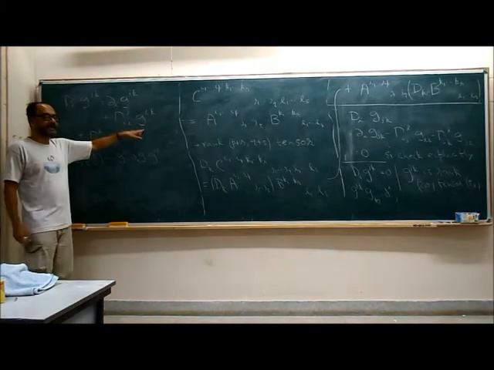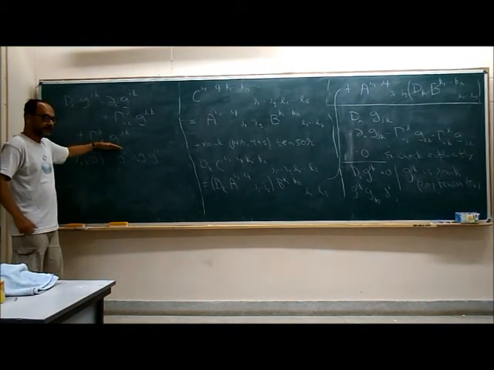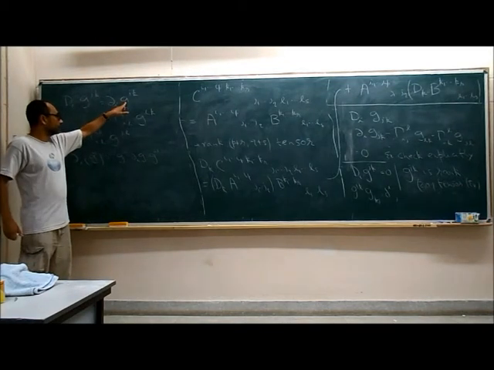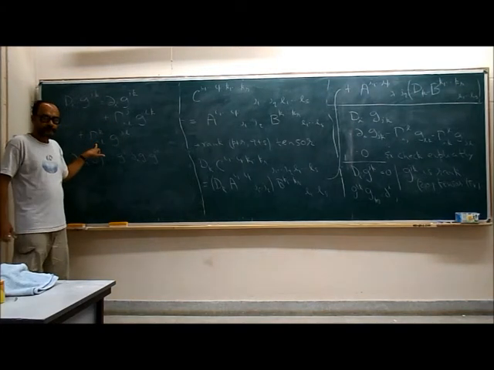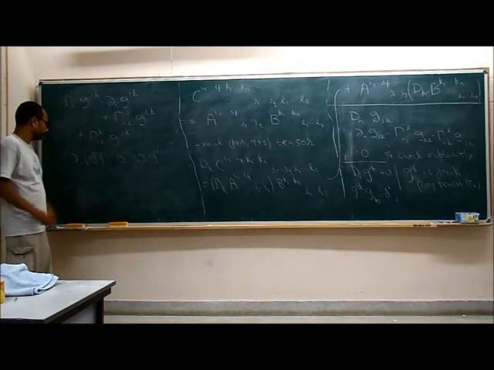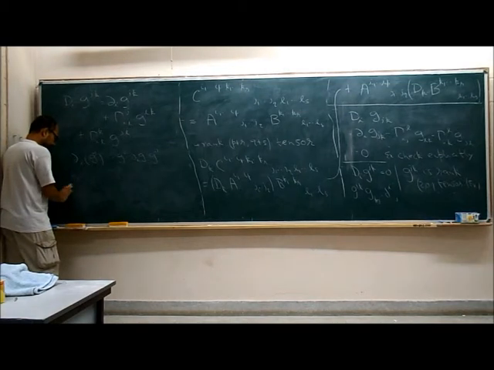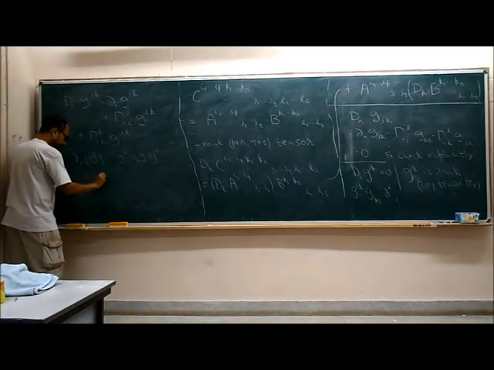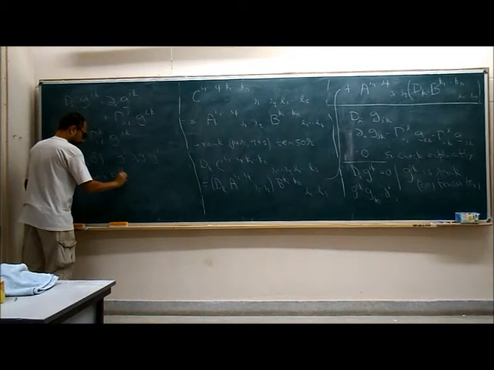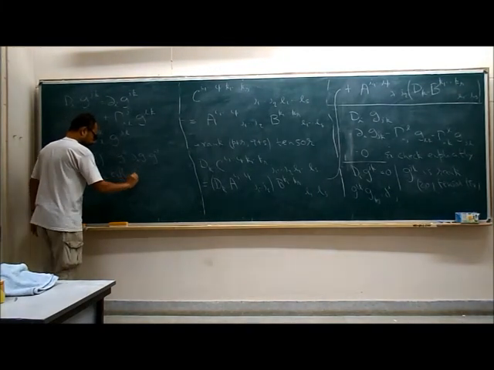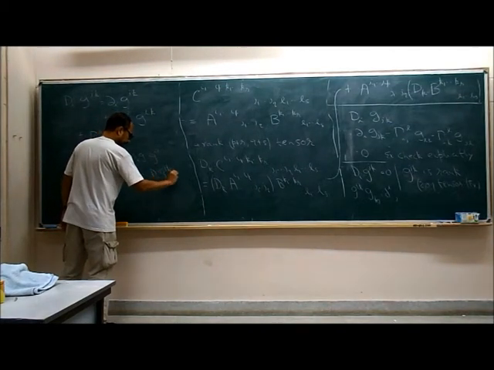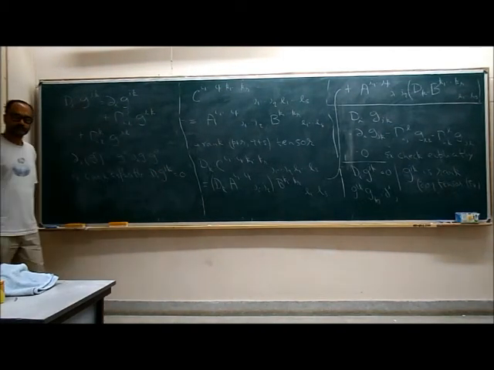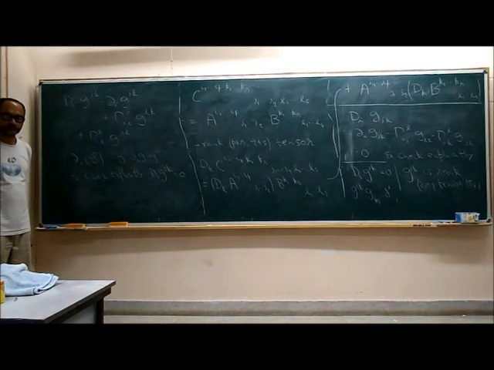But you can explicitly check this. Take this expression, calculate it using this formula, and use the explicit form for gamma. You can check that this is identically zero. So, exercise: check explicitly that the covariant derivative of g_jk vanishes.